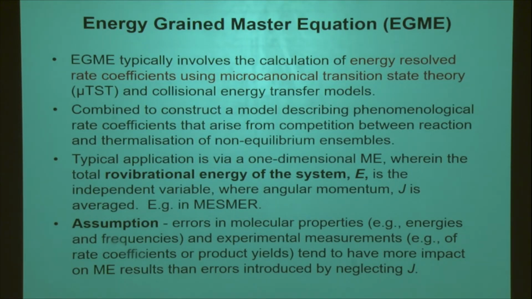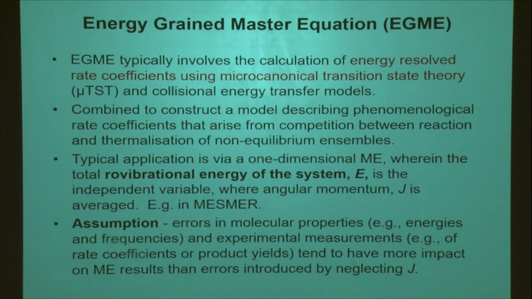The master equation approach, as I say, is an energy-resolved approach. It's usually called energy-grained because we've got such a high number of energy levels that we tend to package these into what are called energy grains. It involves the calculation of energy-resolved rate coefficients using microcanonical transition state theory, coupled with collisional energy transfer models.